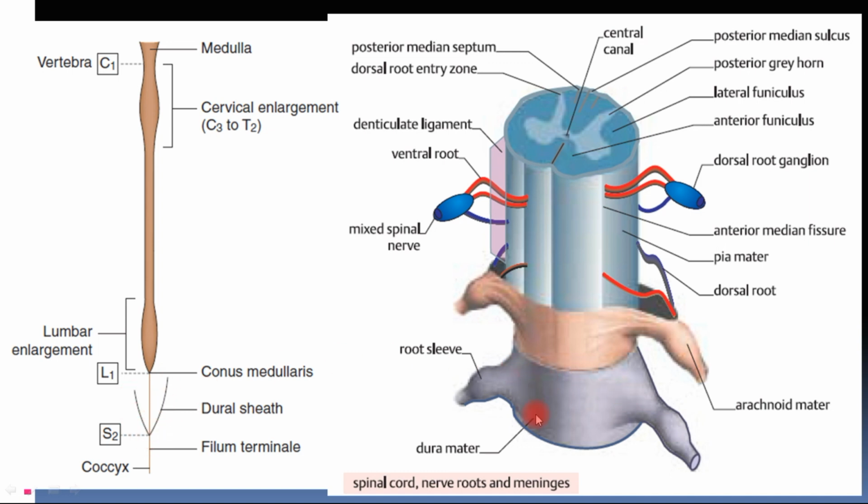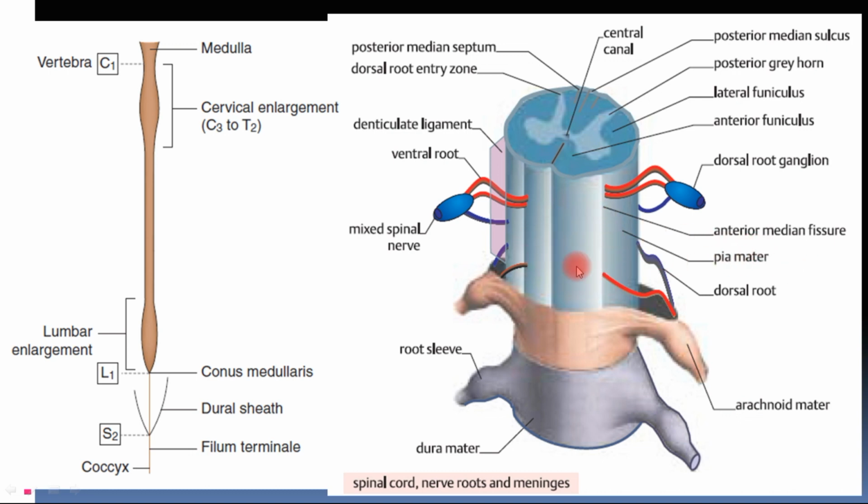So the spinal cord is covered by the outermost layer, the dura mater, the intermediate arachnoid mater, and the innermost, highly vascular pia mater.